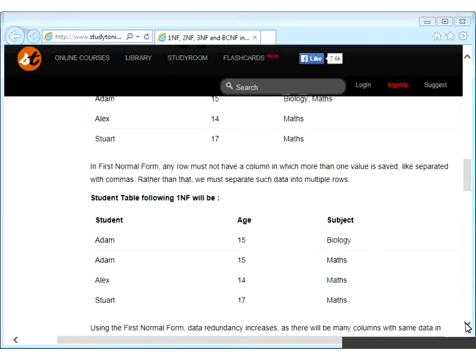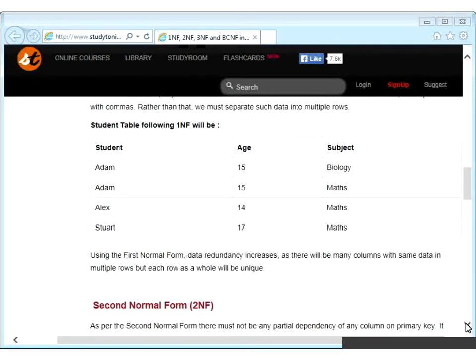When you use first normal form, data redundancy increases. There will be many columns with the same data in multiple rows, but each row as a whole will be unique. So now each row is unique, and it is in first normal form.